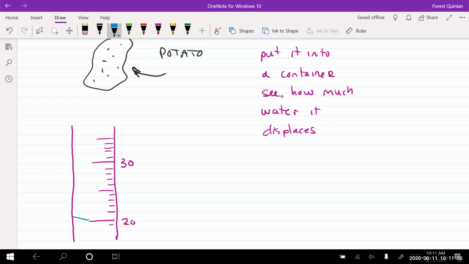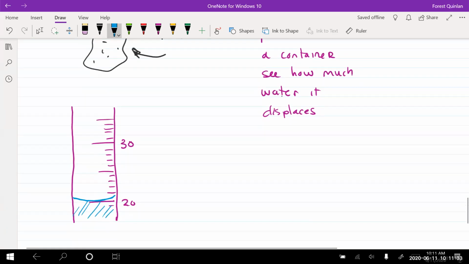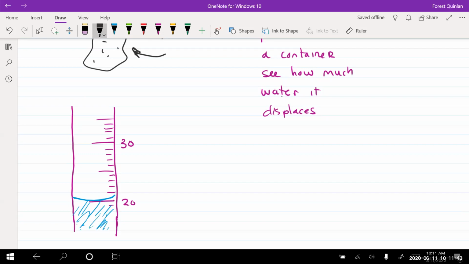This water is going to fill up the bottom. I'm not going to draw the rest of this graduated cylinder, but suffice to say that it's still going down all the way to 0, and we have water in there. What I'm going to do is take this potato and drop it in. If I drop it in, I'm pretty sure we're all comfortable with the fact that that water level is going to go up.